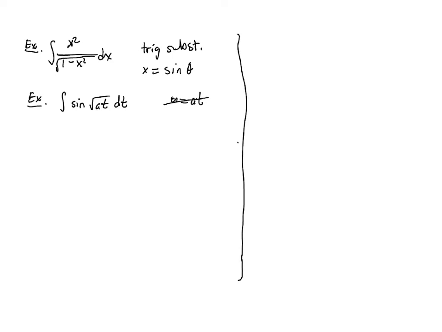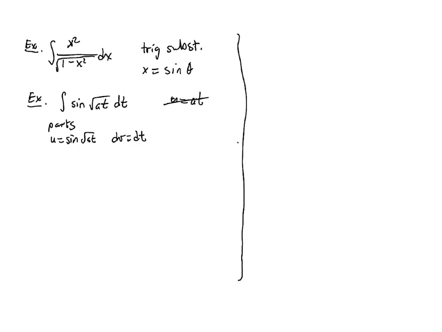You could either try parts, where you have u equals sine of square root of at and dv equals dt. I'm not absolutely convinced that that will give you anything helpful, but I didn't play with that one, so maybe we can try that one on our own and somebody can let me know if it works.